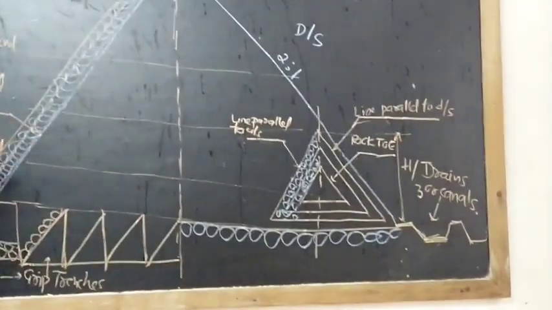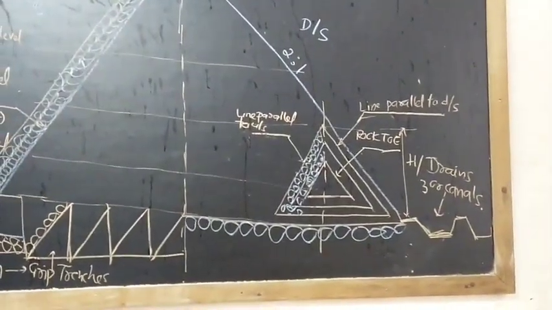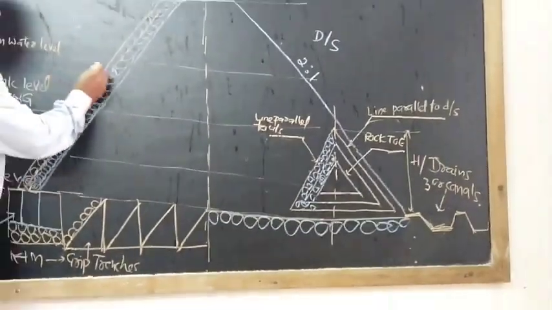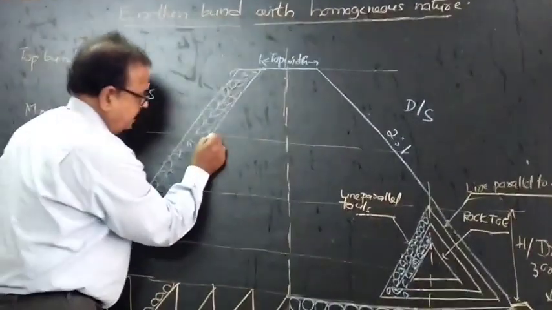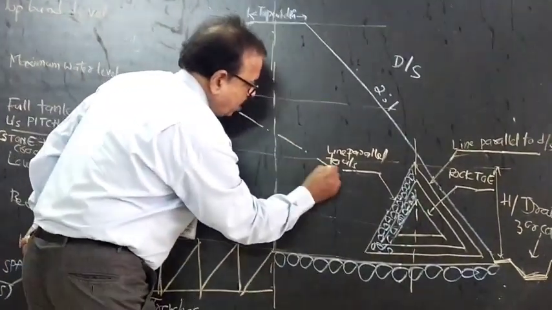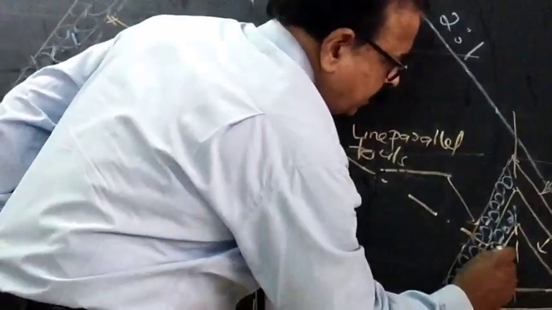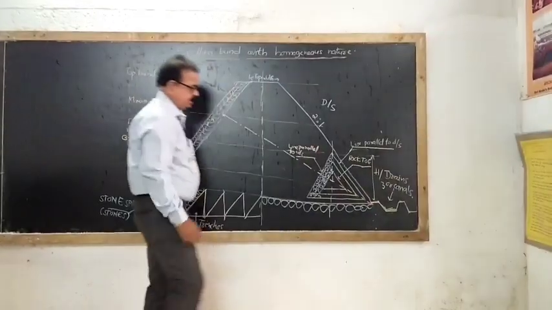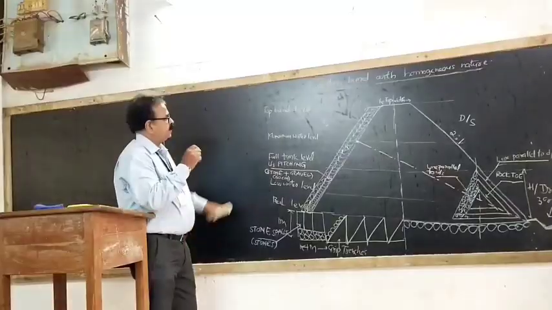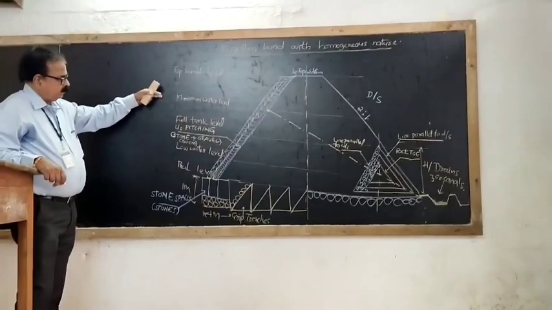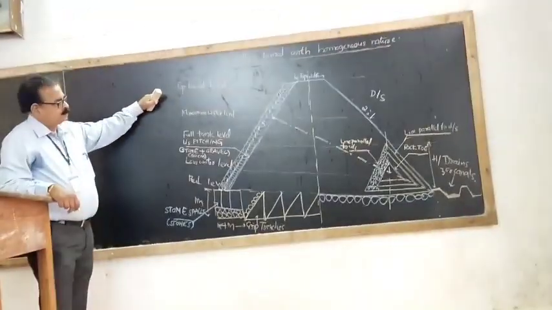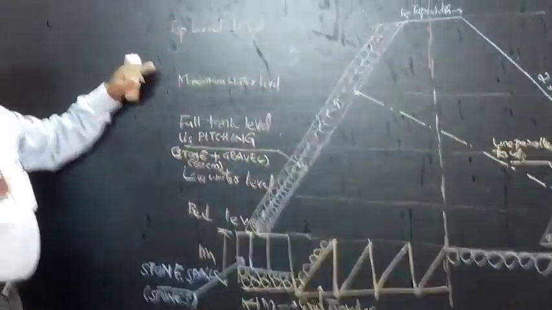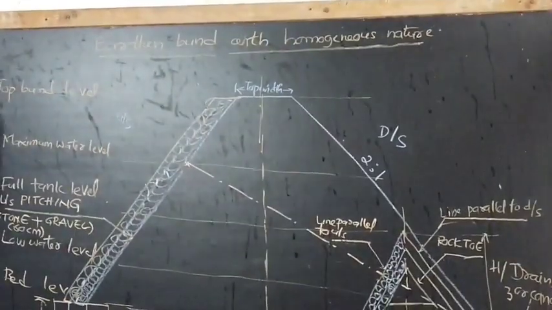The next important part is the seepage gradient. The seepage gradient line should be taken from the maximum water level, where it cuts the bund, to the toe or edge of the downstream side. You must be very careful in this diagram. You must know first the top bund level, maximum water level, and then bed level. These 3 levels are most important, and the top width of the bund is also important.